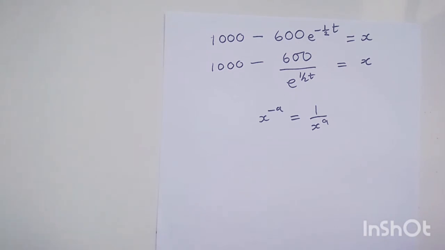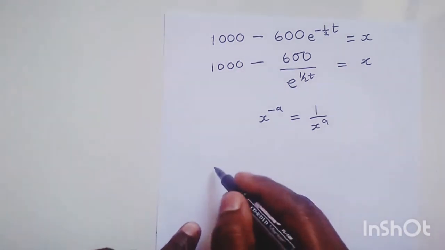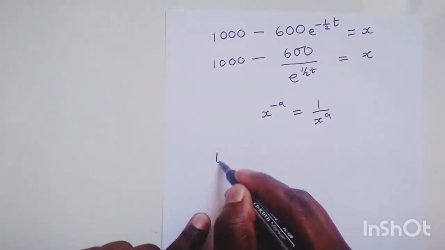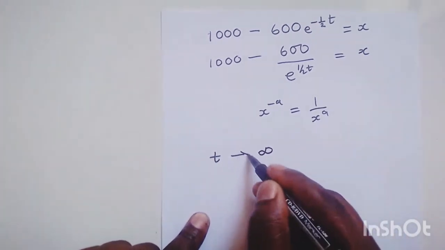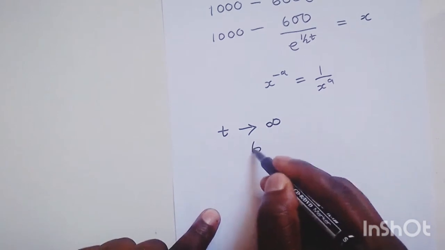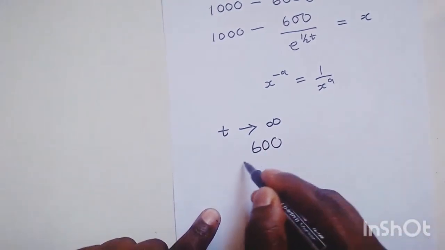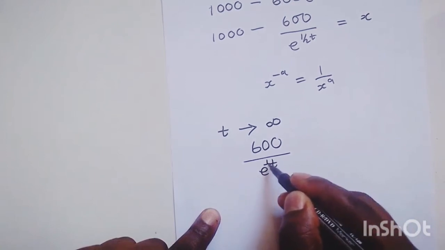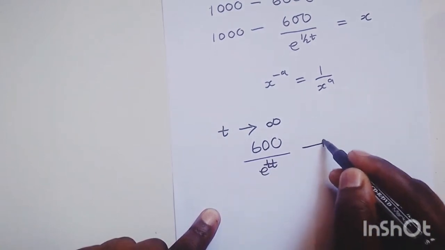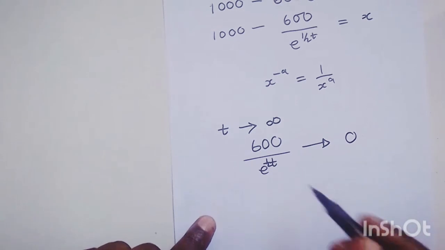So there is what we call the limit theory. I want you to notice something. As t approaches infinity, you will notice that 600 over e to the power of half t is going to approach 0. Why?